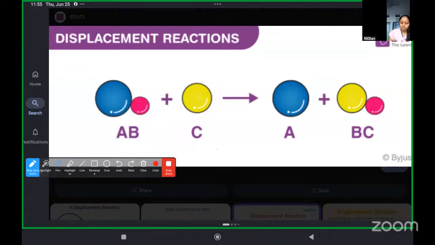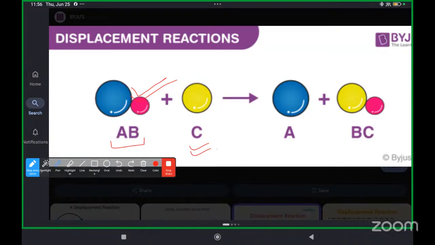We have two substances. One substance is AB and the other substance is C. When these substances are combined and a reaction takes place, one of it gets displaced. What's the meaning of displaced? It gets moved from its original position and goes to a different position.